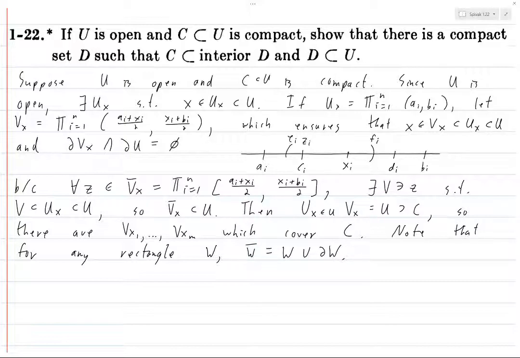If you take any point where one of the indices is precisely equal to one of the endpoints of the intervals, then you choose any neighborhood around that point, and in that particular index, the neighborhood will lie partially outside of the closed interval that's part of W, and part of it will lie inside.